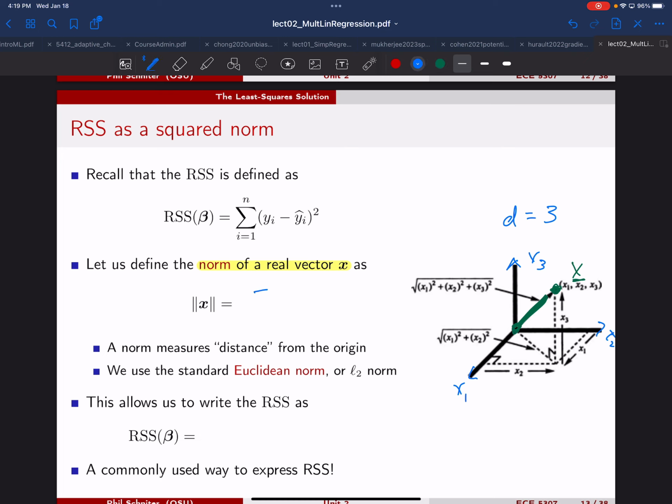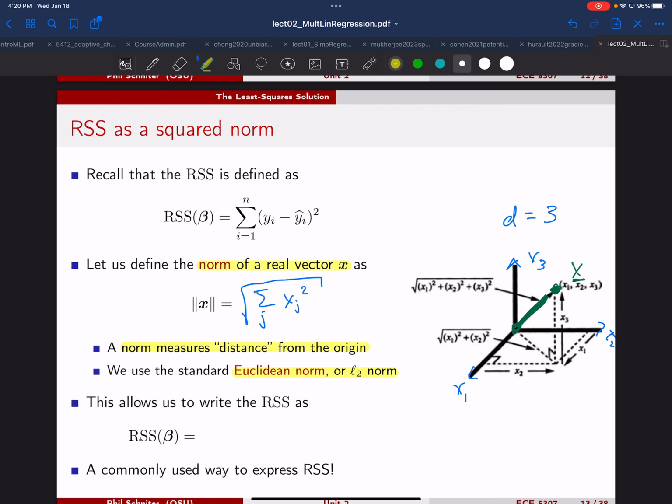X could have any number of coefficients, so I'll just write a general summation index j. So we have the square root of the sum over j of xj squared. Again, the norm measures the distance from the origin, or the length of the vector. There are different ways to define the norm, but here we're talking about the Euclidean norm, or the L2 norm. We will talk about some other norms later in the course, but for now, this is what we want to use.